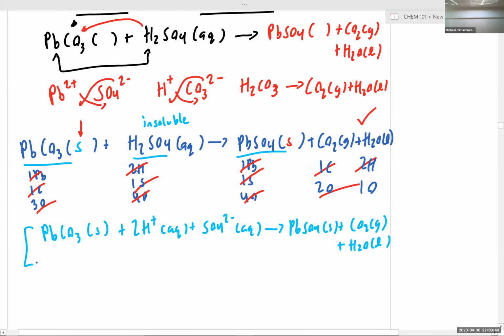Are there any spectators, or is this equation perfectly fine? There are no spectators, so then our net and total ionic equation are identical.